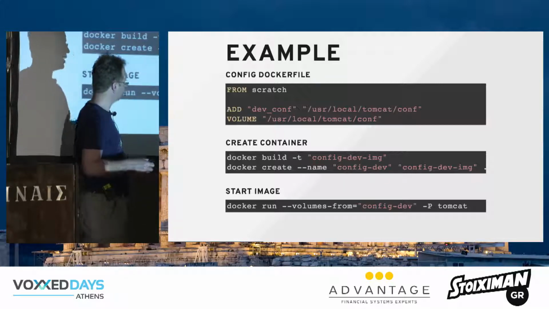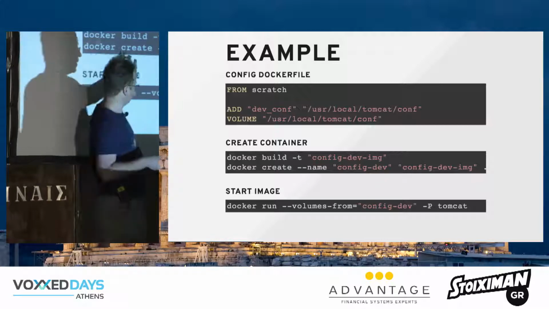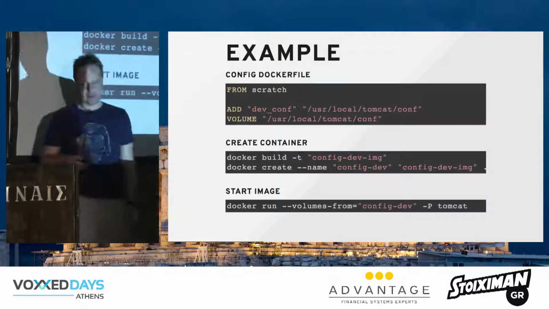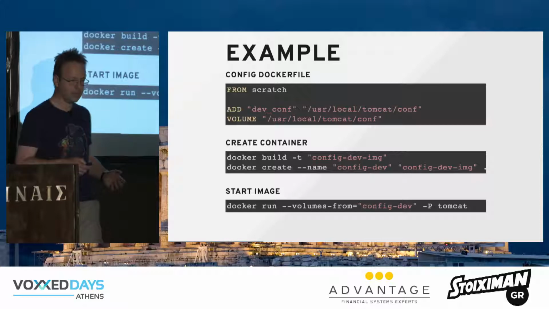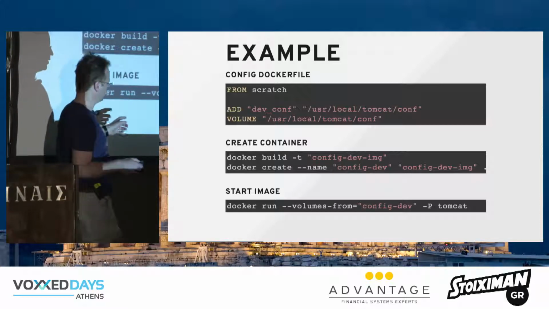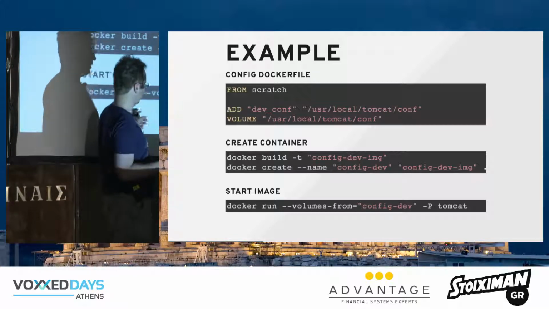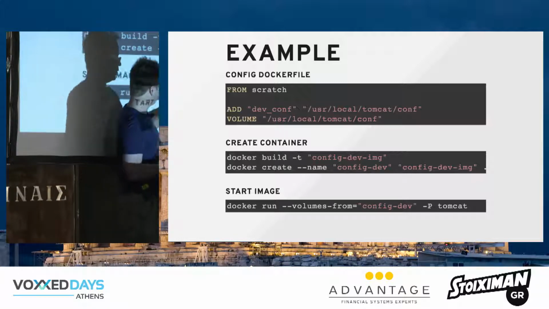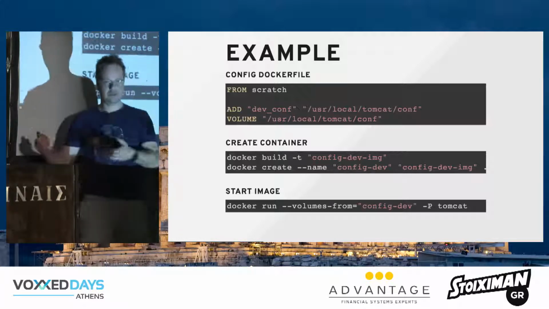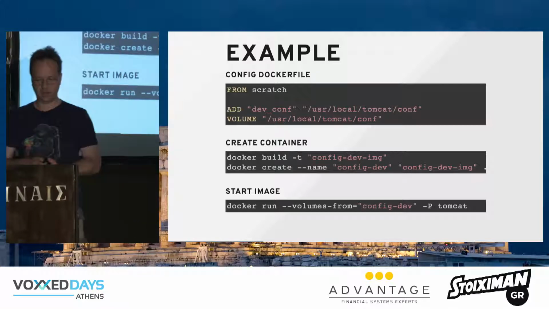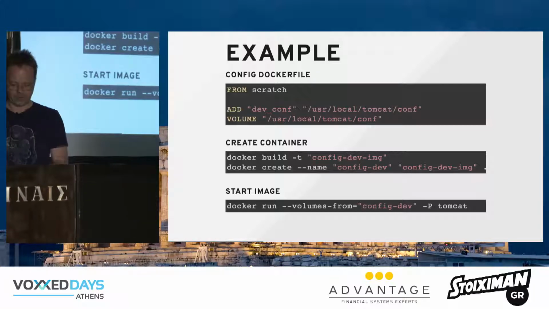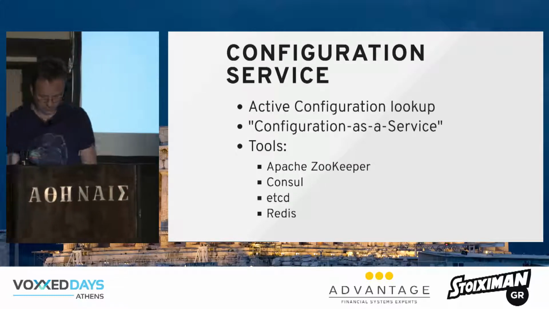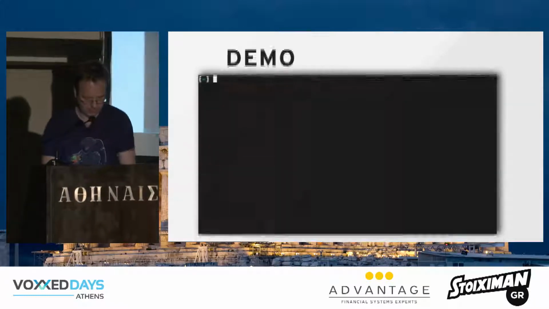After this step, you have a container called config-dev. And finally, when you start up your application, which here is, for example, a Tomcat, you simply say, take all volumes exported from this container and mount them into the same image.